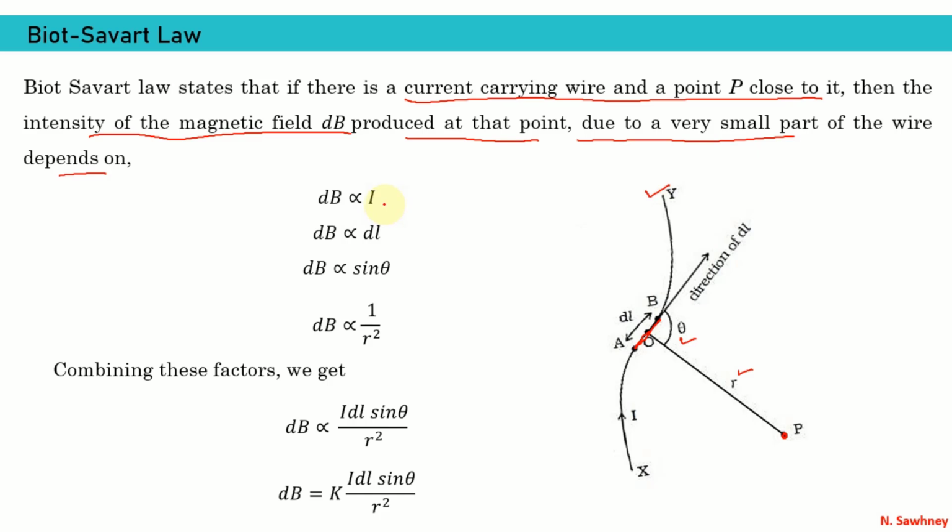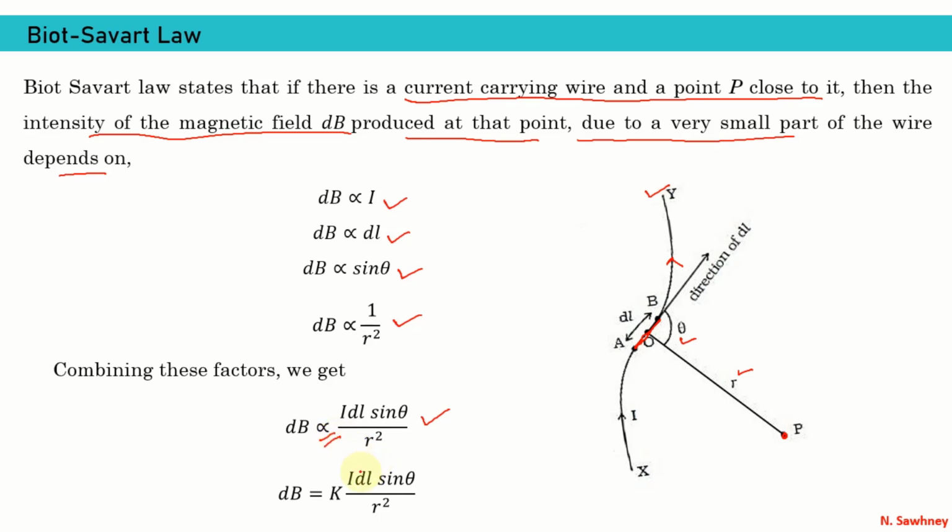This magnetic field is proportional to the current flowing in the wire, that is I. Also it is proportional to the length of this small current element, that is dl, and proportional to sine of the angle theta. This magnetic field is also inversely proportional to the square of the distance from the point P. Combining all these factors, we have I dl sine theta upon r square.